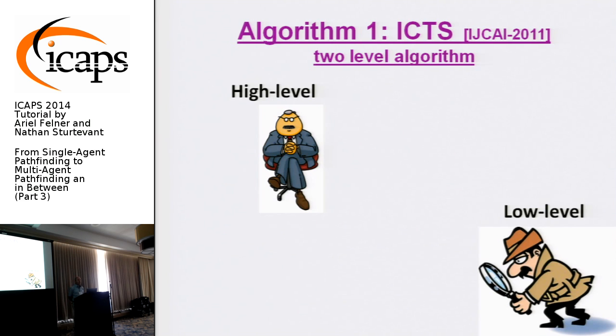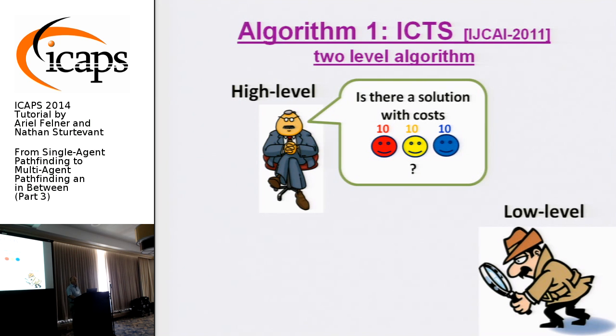So the first algorithm is ICTS. We have 2 levels. The high level asks questions in this form: is there a solution with cost 10, 10, 10? I can take the heuristic of the start state, and I know that each individual agent must at least go 10, 10, 10. So I'm asking, is there a solution where this one goes 10, this goes 10, and this goes 10? This goes to the low level.